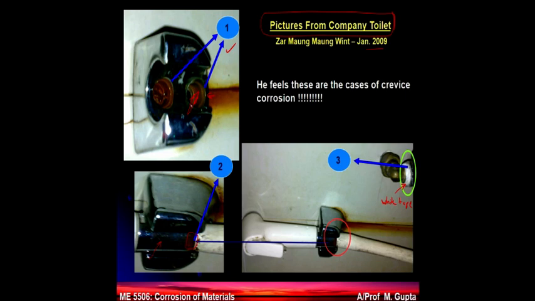But outside, the painting is damaged because people are taking this part and putting it back maybe a few times. Wherever the painting is damaged, corrosion is happening. But now, can it fit crevice corrosion? No, because there's no gap. So it does not fulfill the criteria of crevice corrosion. It's just uniform corrosion happening all over the surface wherever the coating is damaged.